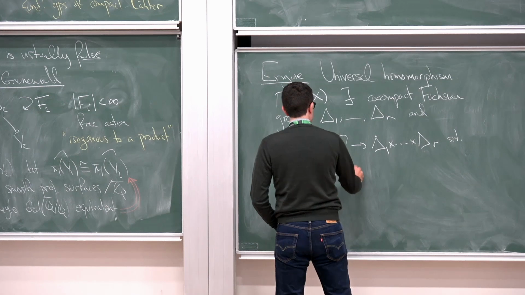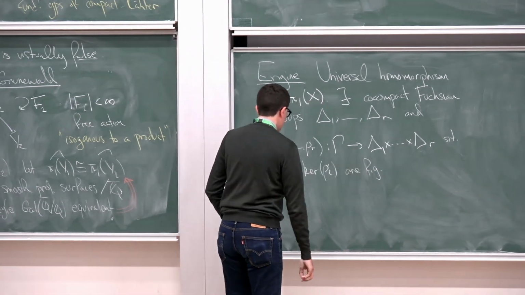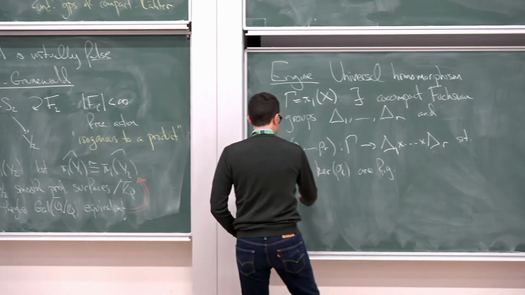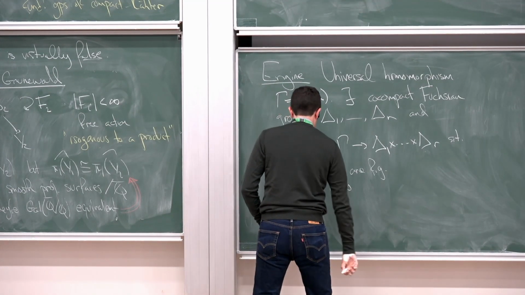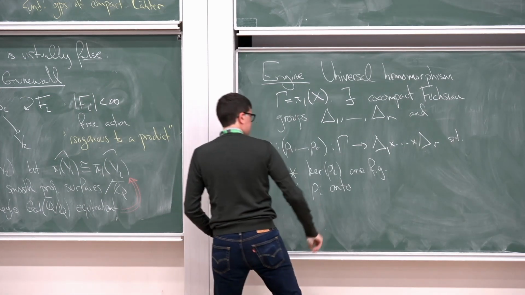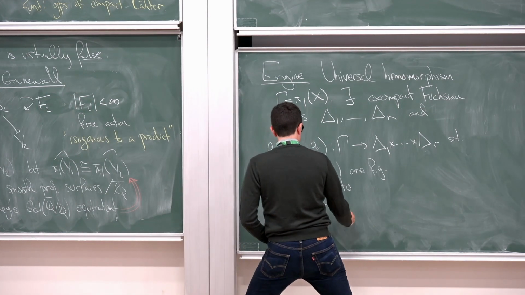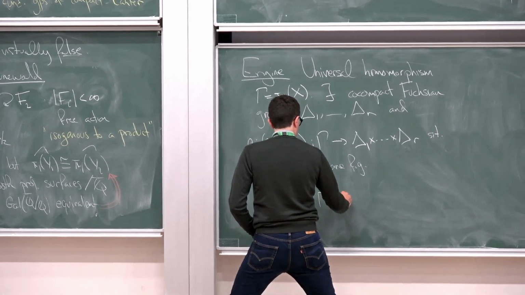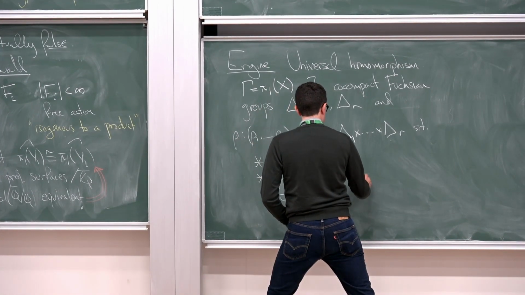These kernels are finitely generated. Maybe the individual rho i's are onto. The finitely generated kernel: you have, say, a sigma from gamma onto a Fuchsian group, cocompact Fuchsian.